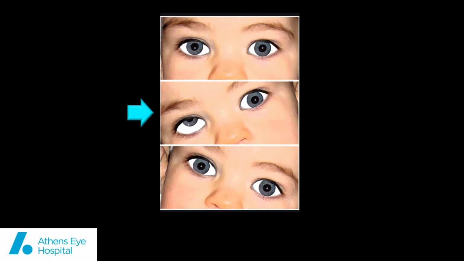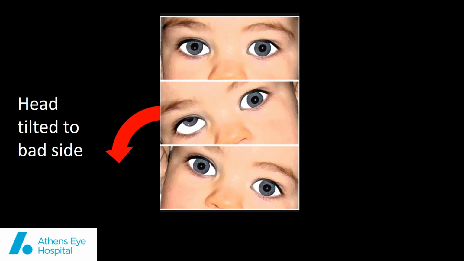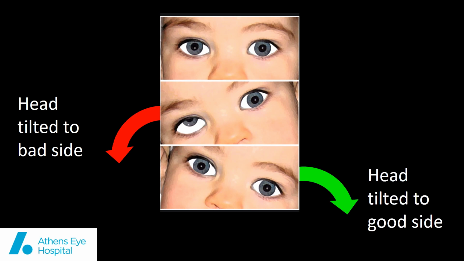The middle drawing depicts what happens when the head is tilted to the right side, the side of the injured superior oblique. As you can see, when the head is tilted to the bad side, the eye abnormality becomes more noticeable. In the third drawing, the head is tilted opposite to the eye affected.